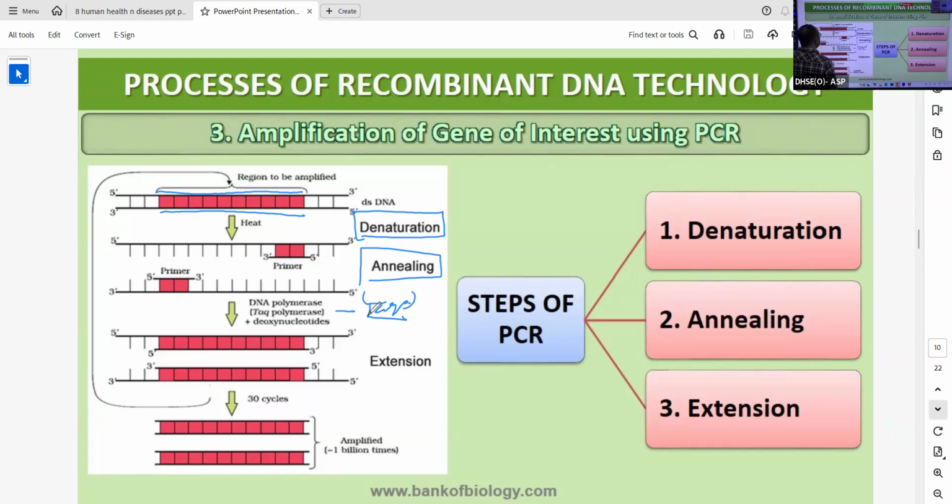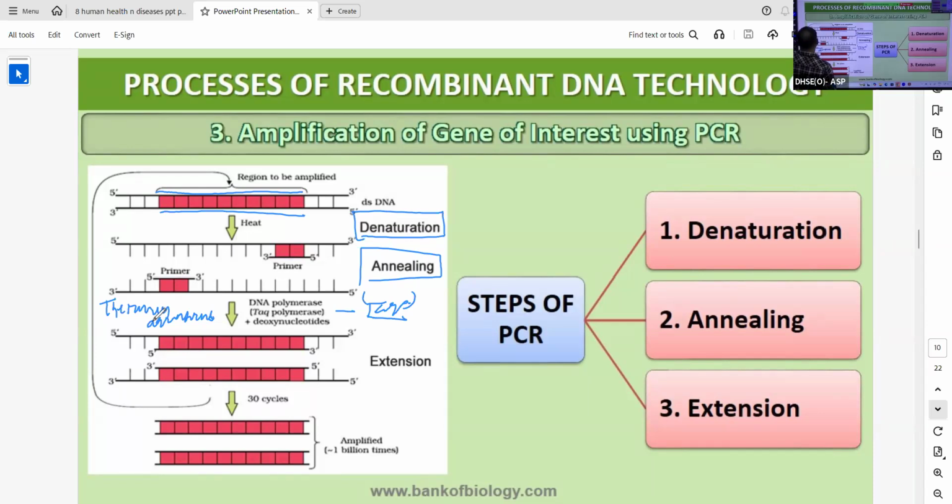Taq is a polymerase enzyme obtained from the thermoacidophile Thermus aquaticus, mostly found in volcanoes and the deep sea. So DNA polymerase, Taq polymerase, and deoxynucleotides are primarily involved in the amplification pathway.